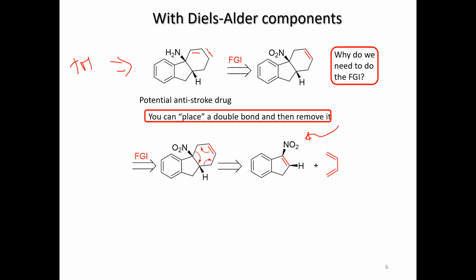If it doesn't have the electron-withdrawing group, it doesn't mean that it's not going to react, but you might need to push the conditions much more. But if the dienophile has a good electron-withdrawing group, the Diels-Alder is facilitated. On the diene, it doesn't really matter.